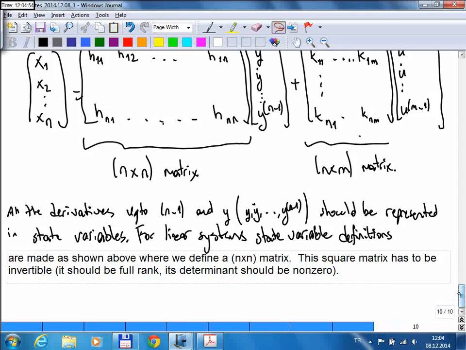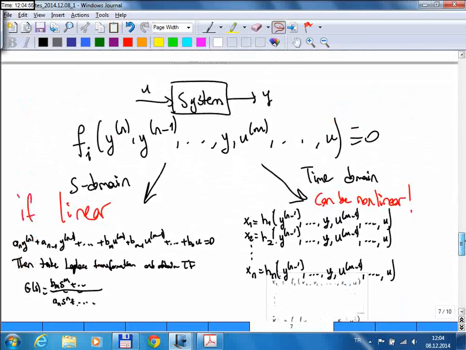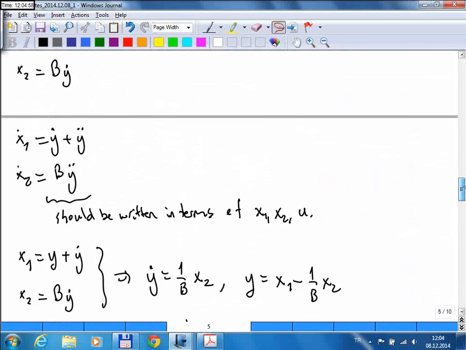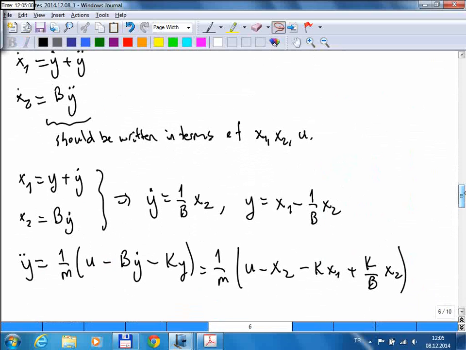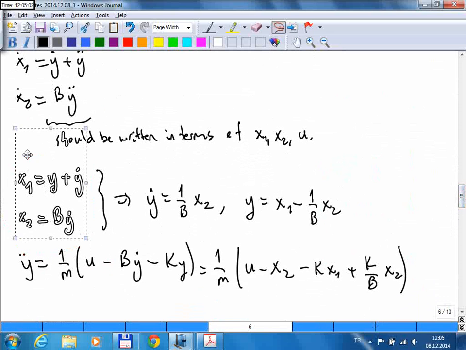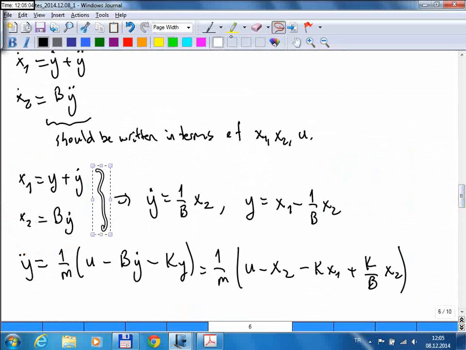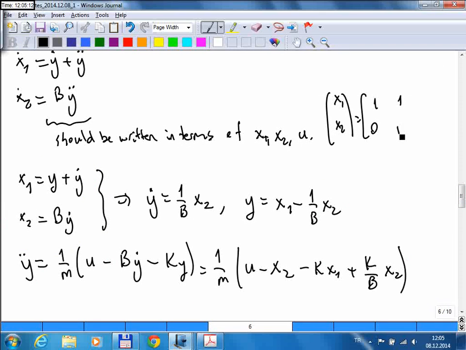Okay, so if you go back to this example, here's how I define them, right? If you look at this definition, x1, x2 is defined as 1, 1, and 0, b, times y dot. So for a non-zero b, this is invertible, right?